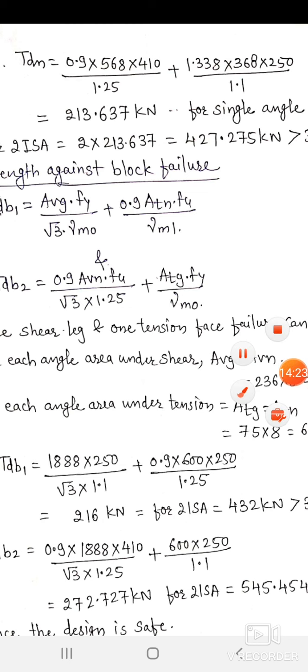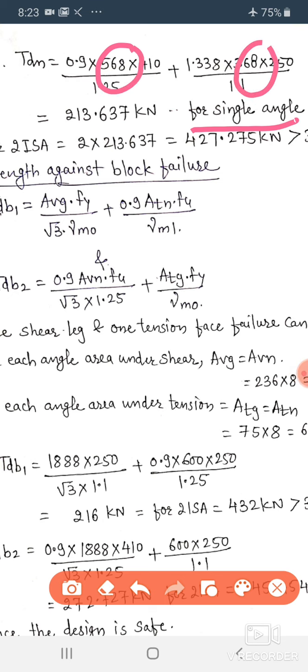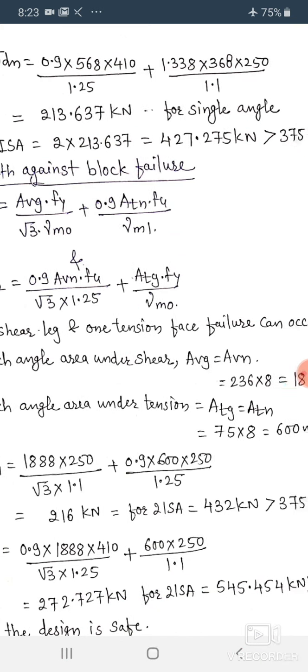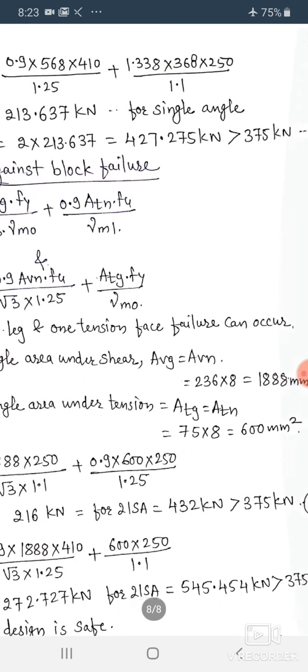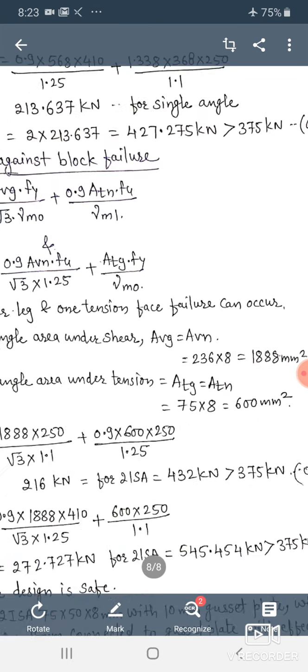This is the strength for single angle. I have not multiplied the area by 2 here, so whatever is the final answer, I will be multiplying it by 2. After multiplying, I am getting the answer as 427.275, which is greater than 375 kilonewton.